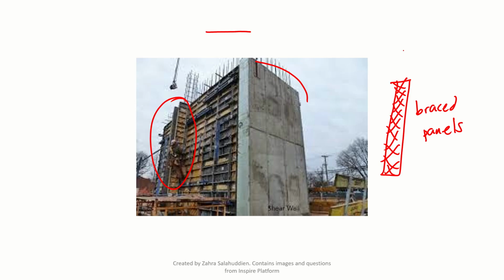So when we see a stiff wall made of braced panels, we call it a shear wall. And this shear wall will also reduce earthquake damage.